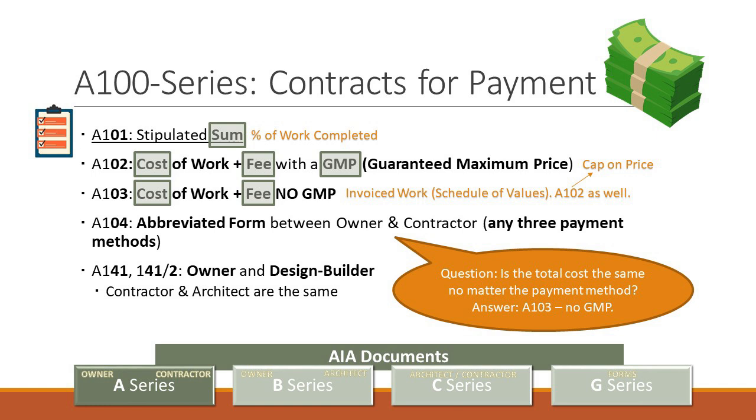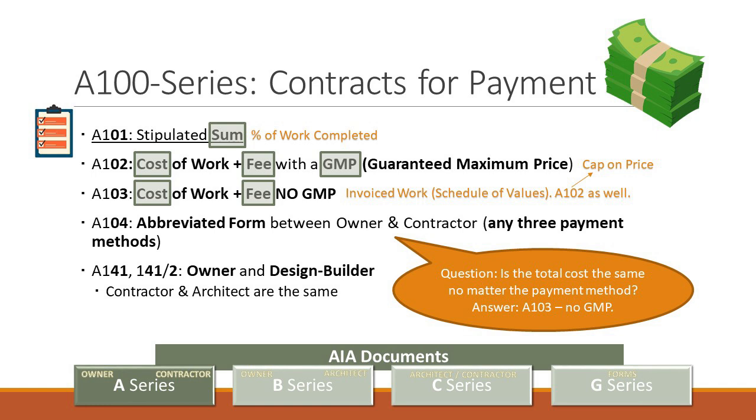I have a project right now, one of the factories I'm working on, that's a $350 million project. And if it goes 10% over budget, that's another $35 million. So when you start looking at percentages over budget, you want to have those caps built in. So often for these larger ones, I do what's called the A102 model. It's a cost of the work, so you can track it, with a guaranteed maximum price.